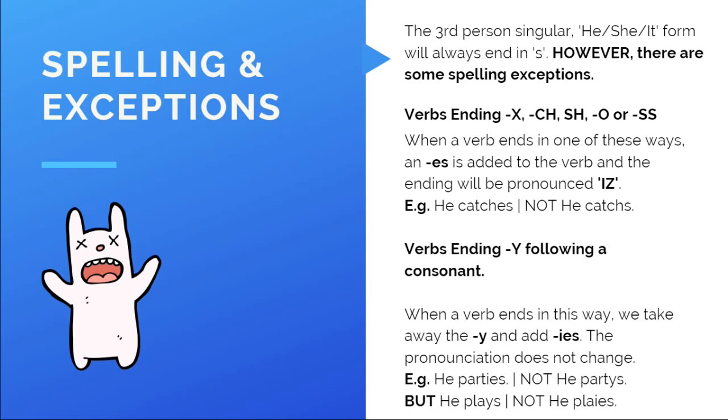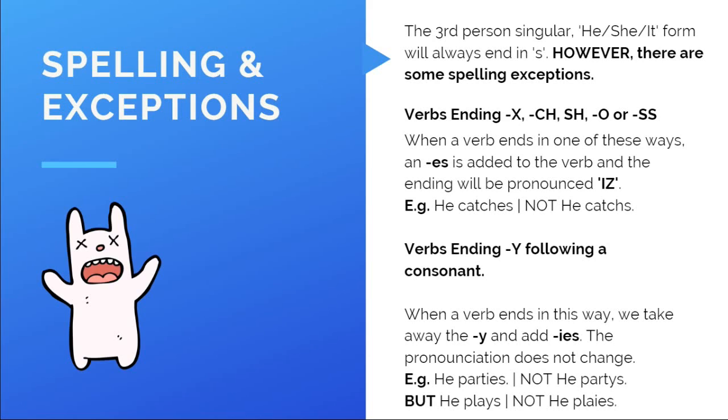The next exception is for verbs that end in Y. Specifically, verbs ending in Y, where the Y comes after a consonant, not a vowel, but a consonant. So when a verb ends in this way, we take off the Y. The Y goes away, and we replace it with IES.